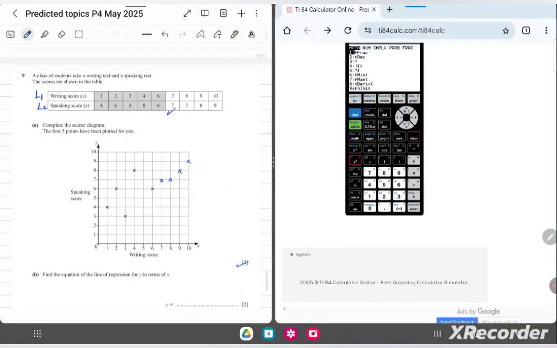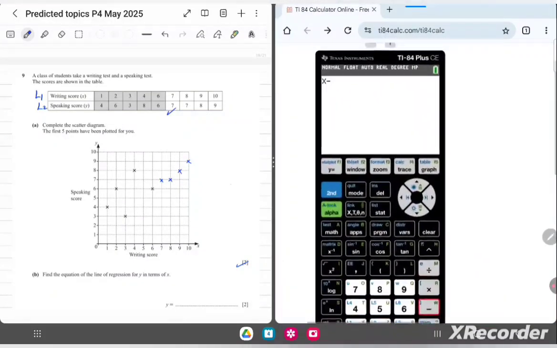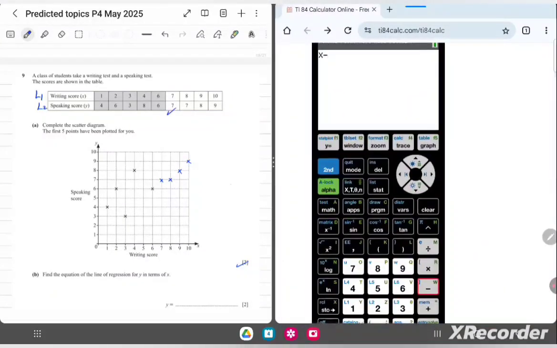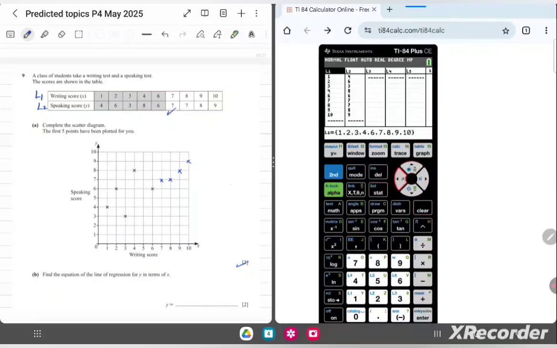Now what is list 1? Go to stat, this is the first step, and press 1, and you write the points. To save time, you'll find that list 1 and list 2 are already here.